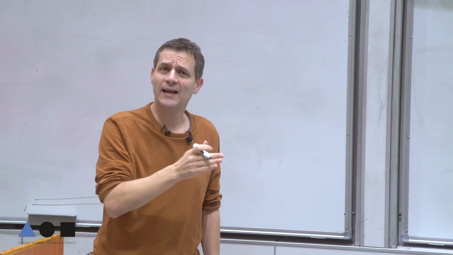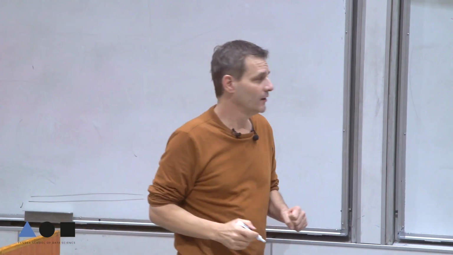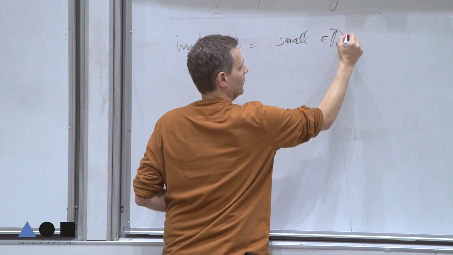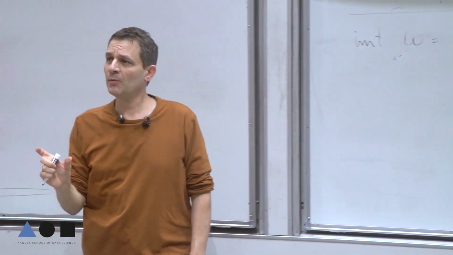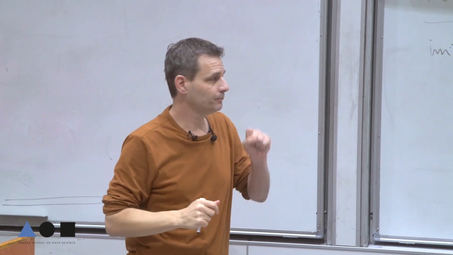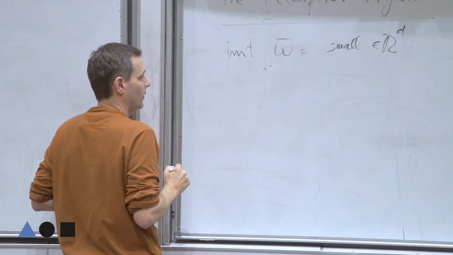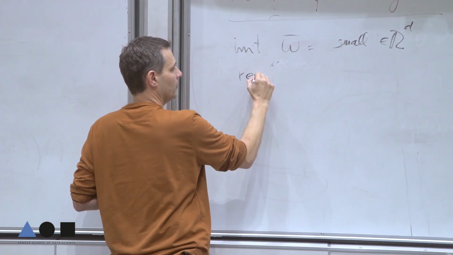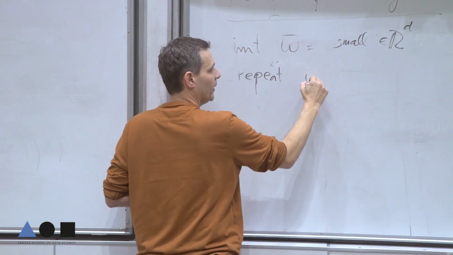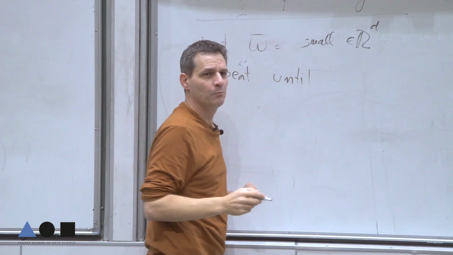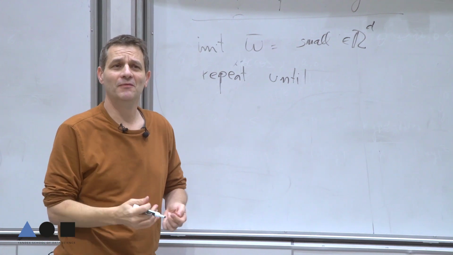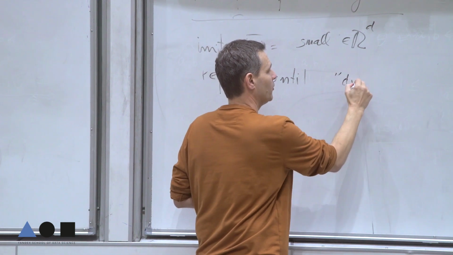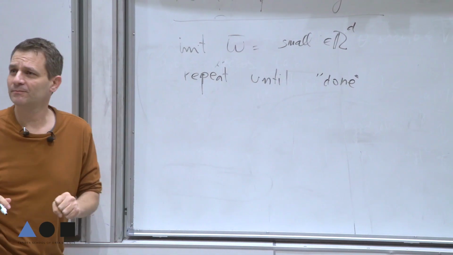Usually you don't initialize exactly to 0 because then nothing moves, right? The vector W is also in R^d because you have a dot product with X. And now you repeat the following until everything works, until no new changes are needed. I'm going to explain that in a second.